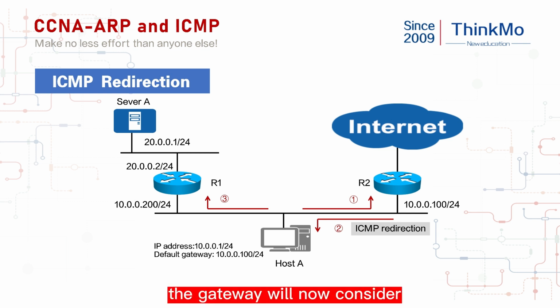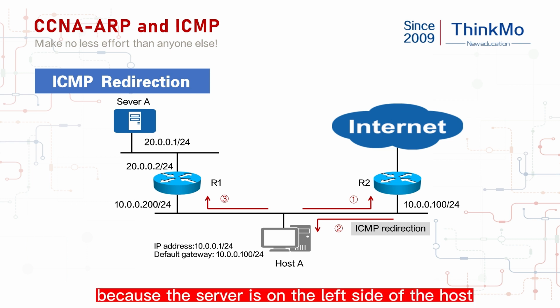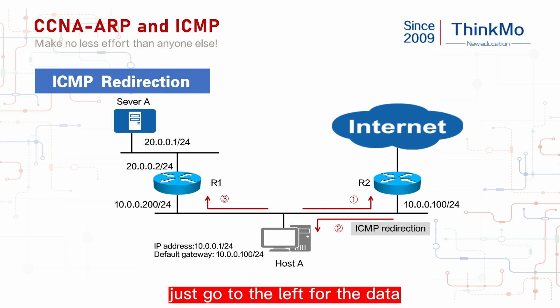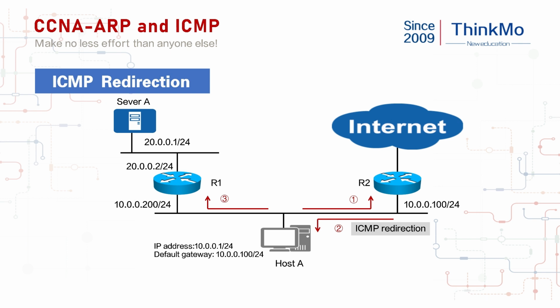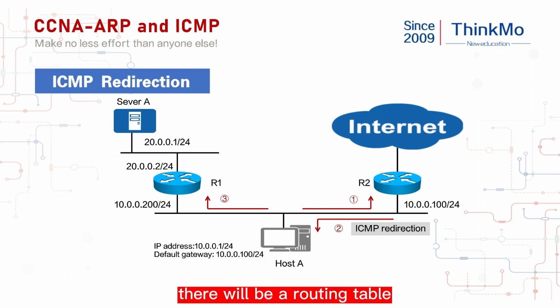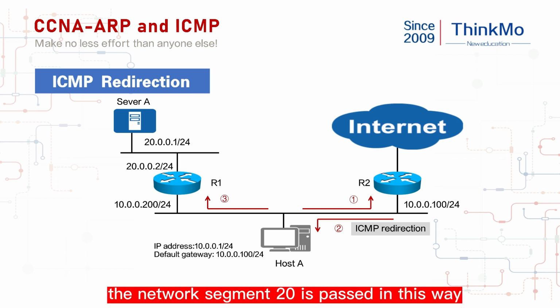The gateway will now consider, if you visit now, better not to find the gateway, because the server is on the left side of the host. Just go to the left for the data. For the gateway, there will be a routing table. This routing table is the premise. The routing table needs to know that the network segment 20 is passed in this way.